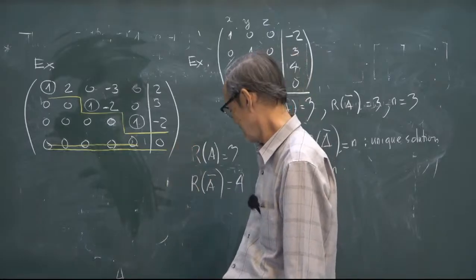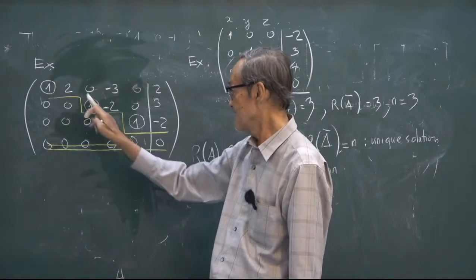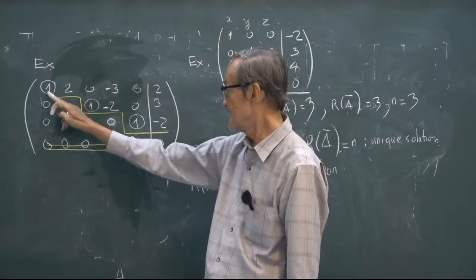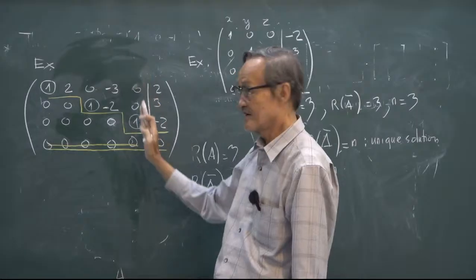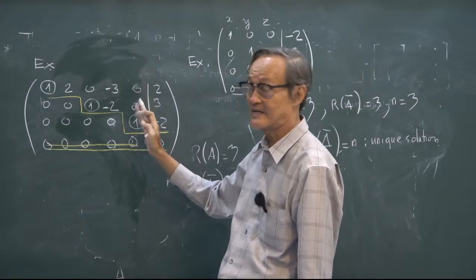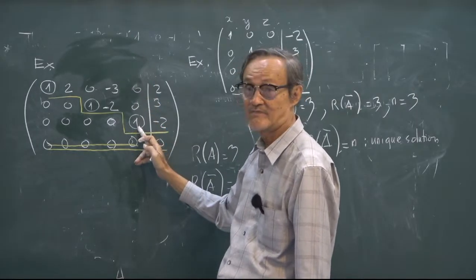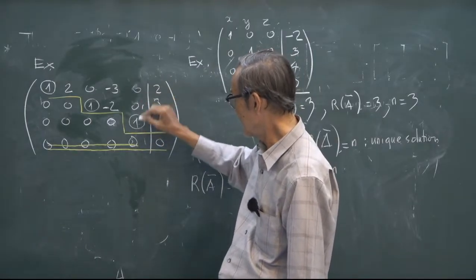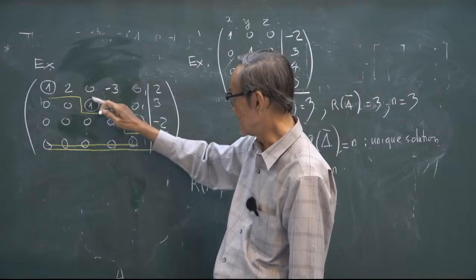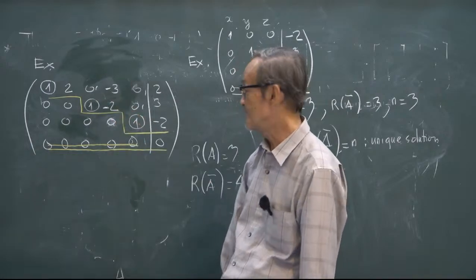The pivots are 1, and the elements in the same column as the pivot and above the pivot are 0.